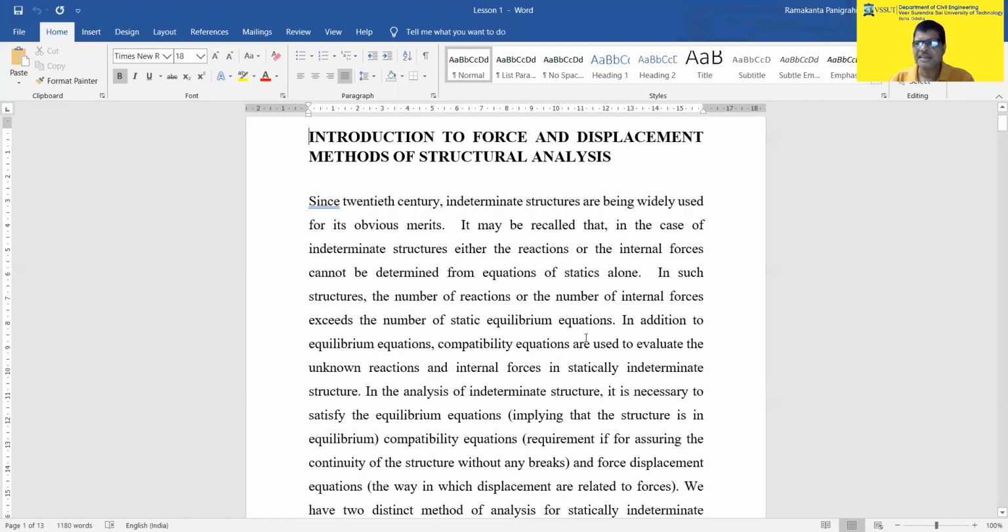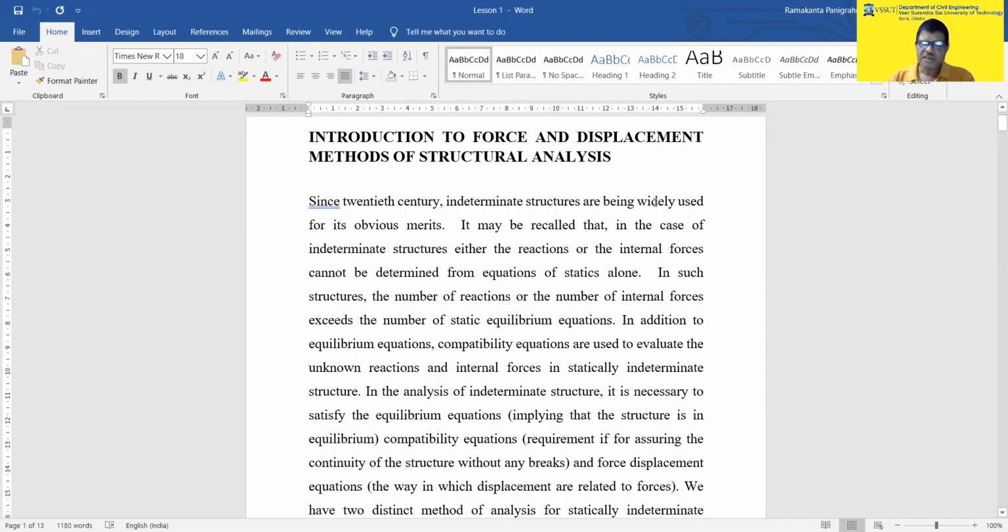We'll discuss the statically indeterminate process, that is internally indeterminate and also externally indeterminate. Externally indeterminate means that you are not able to find the reactions due to applied loads, and internally means if the members are not satisfying the conditions of the truss, then that also will be statically indeterminate.